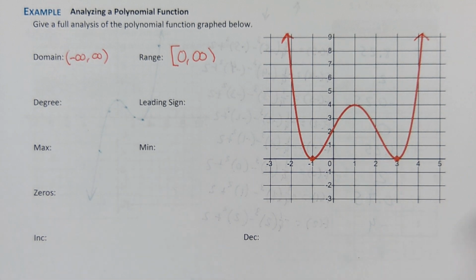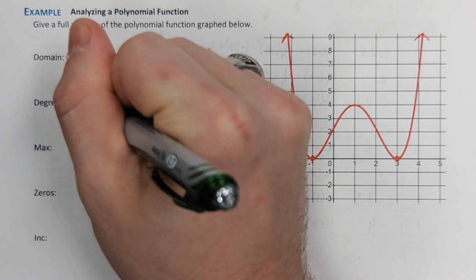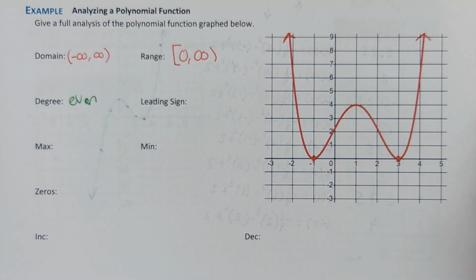Okay. So based on the fact that the endings point the same direction, what do we know about the degree of this polynomial? Hey class, since the endings point the same direction, what do we know about the degree? It's even. Max, you had a hand up.